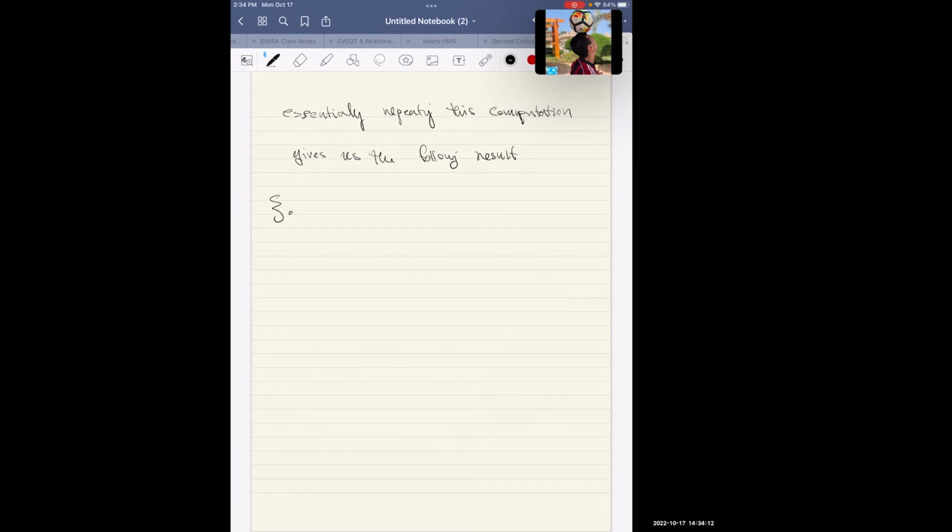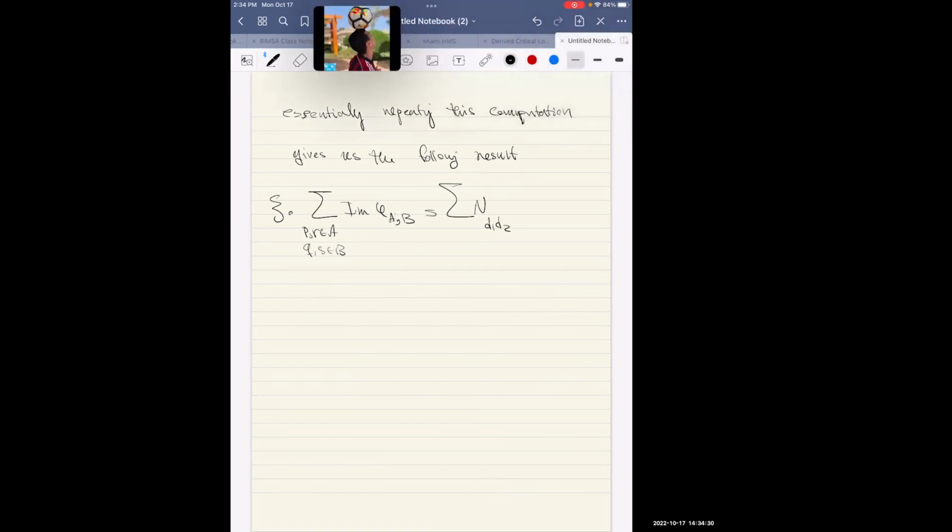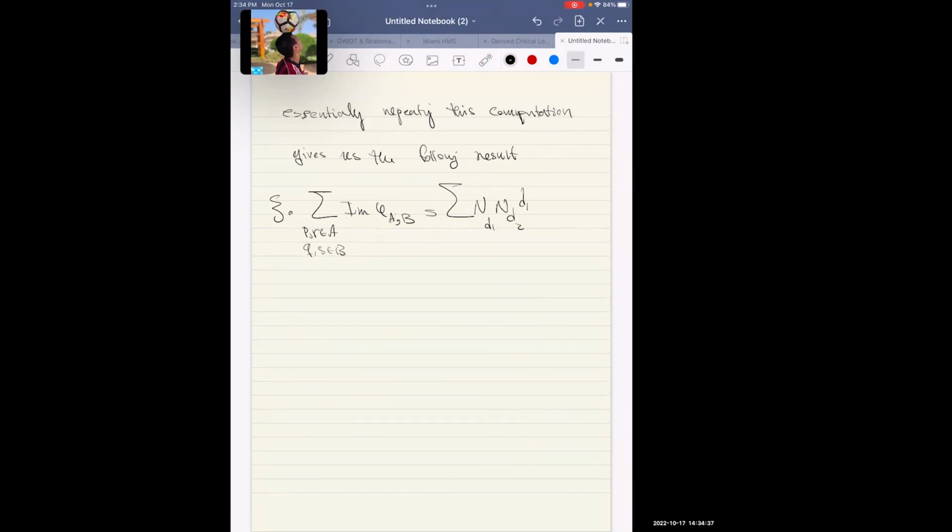So Xi times image of phi of AB, PR in A, and QS in B is going to be N of D1, D2, N of D1 times N of D2, D1 squared, D2 squared, choice of 3D minus 4 and 3D1 minus 1.